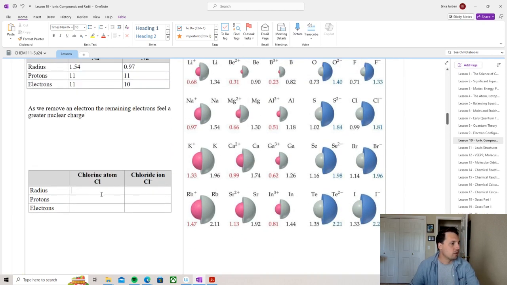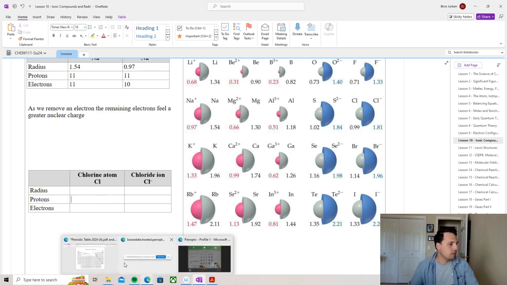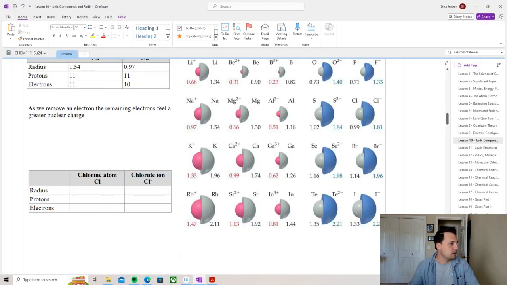And then for chlorine, the opposite effect will happen because chlorine is one electron away from having a noble gas configuration. It has, I need to remind myself, 17 protons and 17 electrons in its neutral atom. But as we add an electron to chlorine, it now has 18. And due to electron-electron repulsion, that new electron is actually going to make the radius of this anion much greater than you probably would expect.